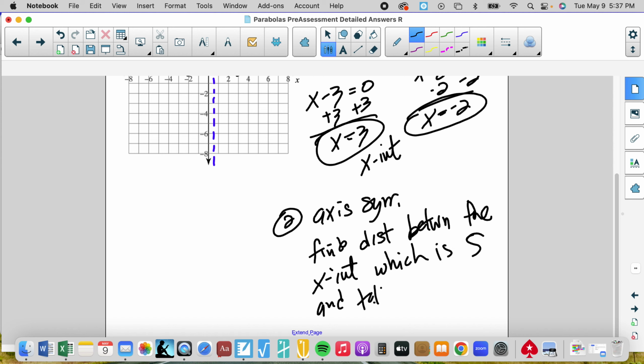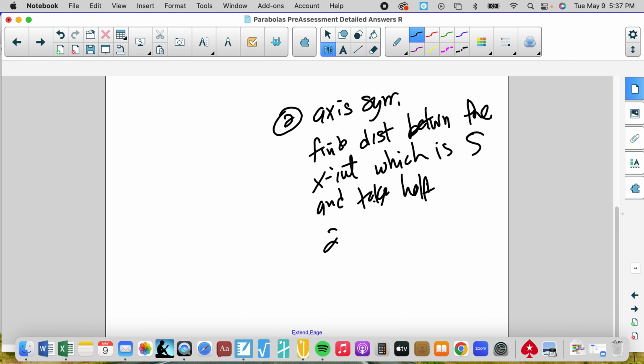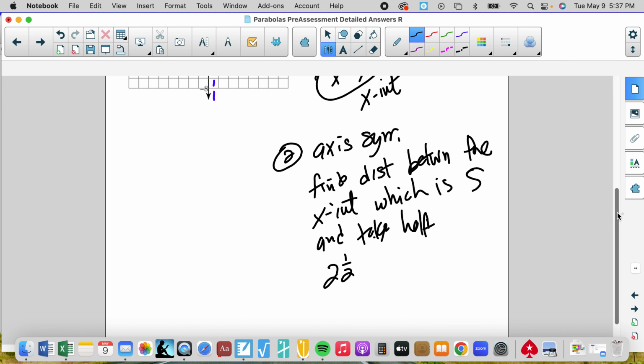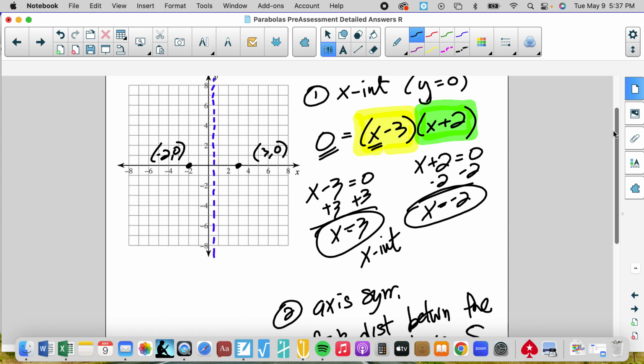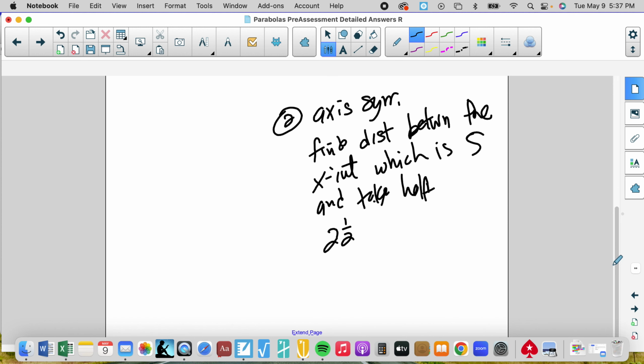So half of 5 is 2.5. Okay, so that doesn't tell me my formula for the axis of symmetry, that just tells me the distance I'm going. And if we look, we see that 2.5 in from one of those intercepts would take me to x equals 1/2. This is the axis of symmetry.